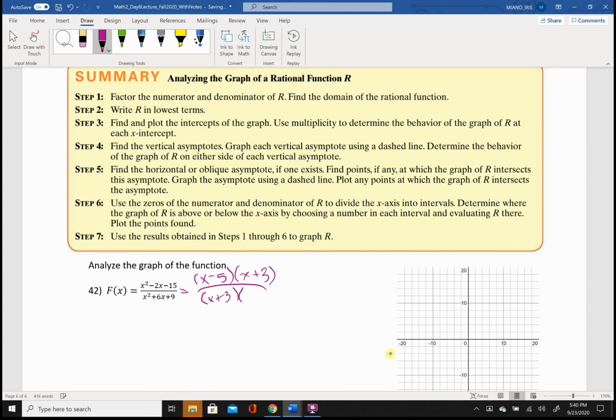It's a perfect square trinomial down below. Did you guys recognize that? It's okay if you didn't. Okay, so there's the factored form of it, and the domain is going to be that x cannot equal 3, right? So x such that x cannot equal negative 3.